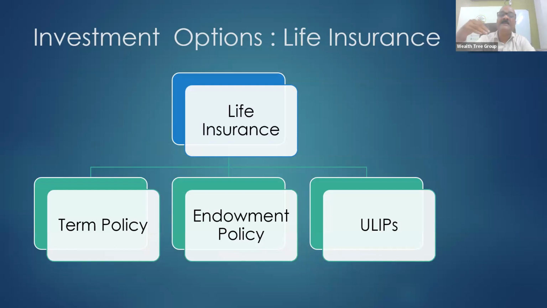And another one is endowment policies. These are called investment policies, where you will get back some money as a return, but you will not get much insurance in this. That means whatever money you paid, these products are going to give you only 10 times and maximum 20 times coverage, but they are going to give you some return.